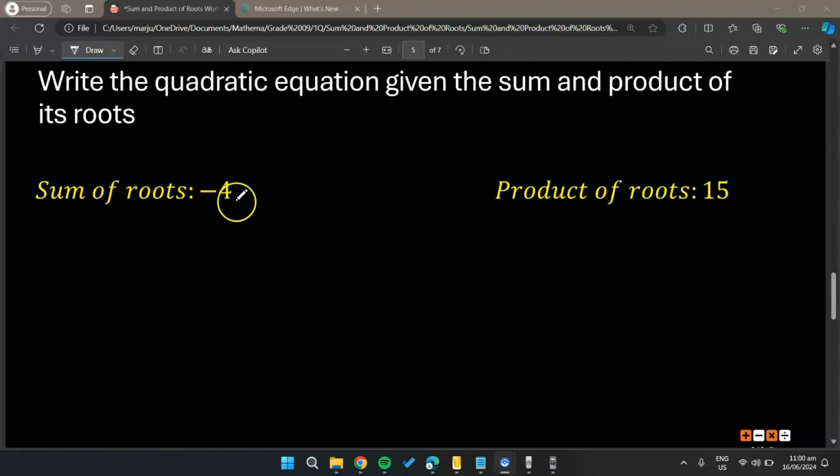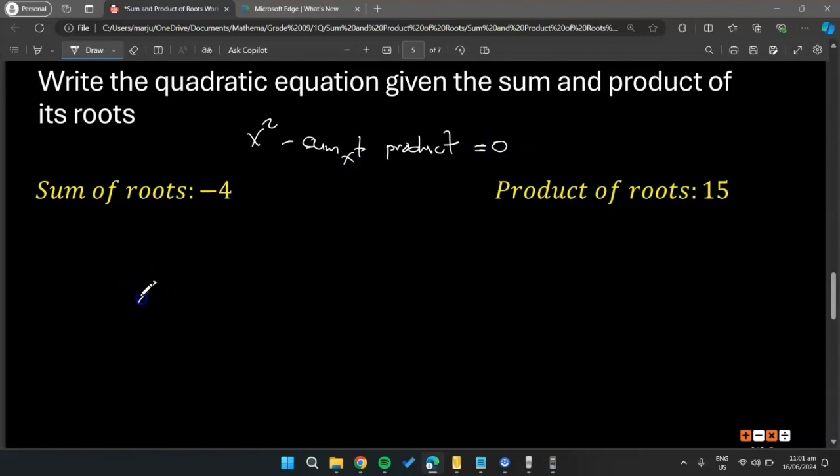So the sum is negative 4, the product is 15. So again, the quadratic equation is just x squared minus the sum times x plus the product equals 0.